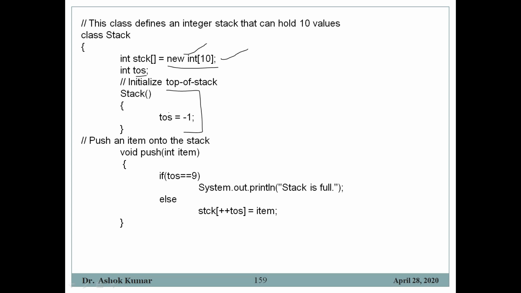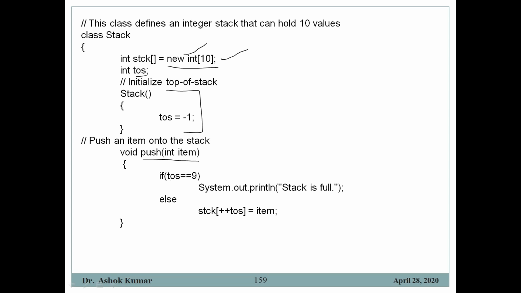As you know, in case of a stack, two operations are generally performed. One is called push, that is adding elements to the stack, and the other is pop, that is removing elements from the stack. If you want to push some element onto the stack, first of all you need to check whether the stack is full or not, because the stack size is 10.